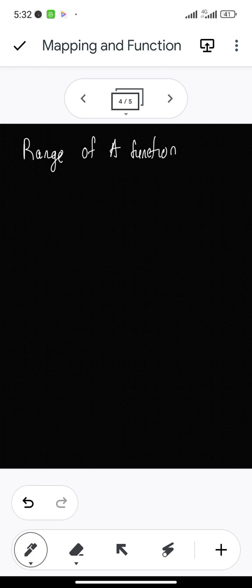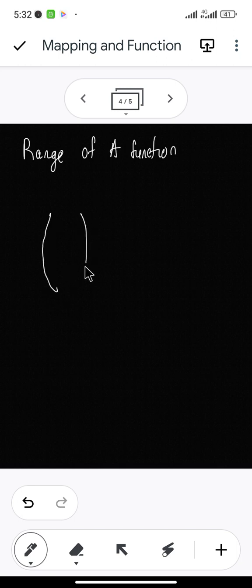Now the range of a function is a collection of elements in a codomain that serves as an image to the element in a domain. Understand? Let me give you a pictorial representation.